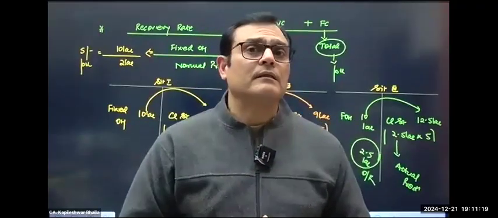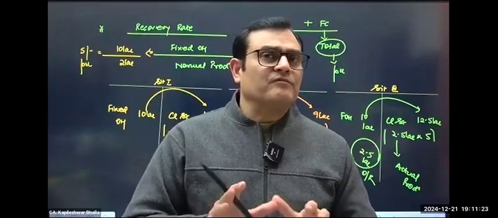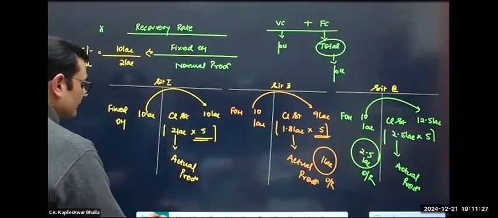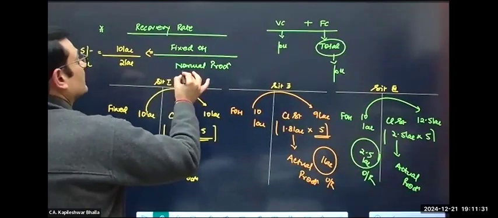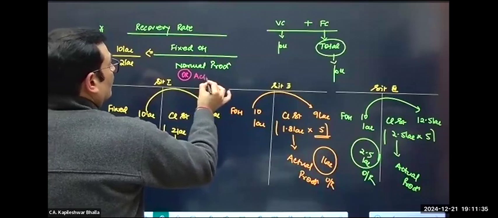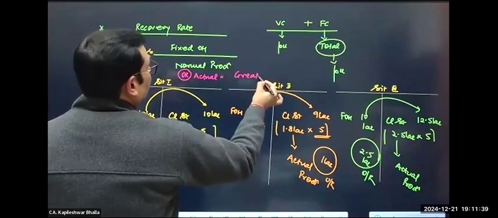Every time let me get over recovery. Let me get a profit on sale. The standard setters became very apprehensive of this and they said, we amend. And they said that instead of taking normal production, you will take normal or actual production, whichever is greater. They amended the formula.